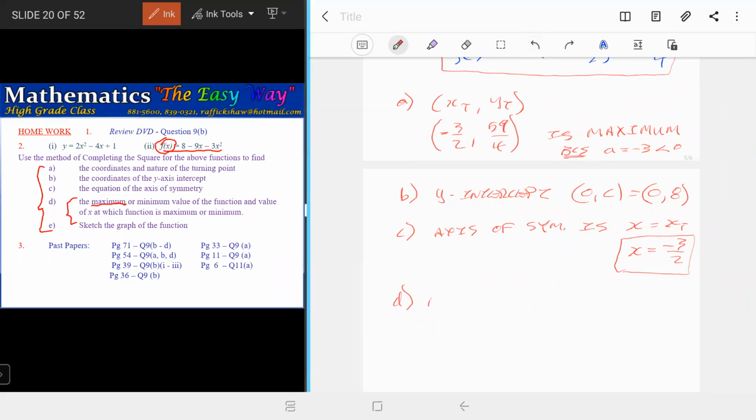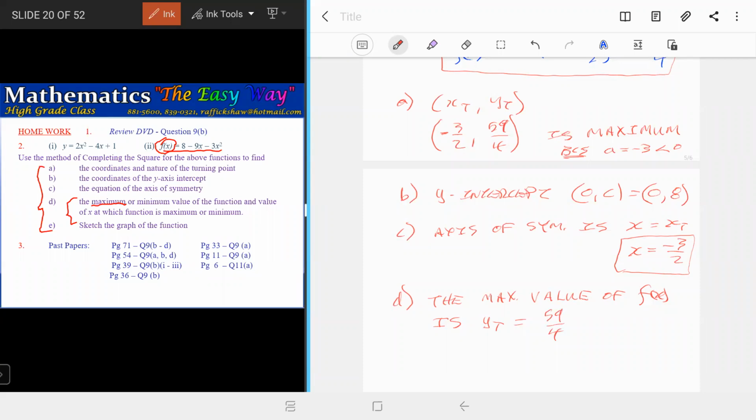So we can say the maximum value of f of x is the yt value, the y value at the turning point, which is 59 over 4.